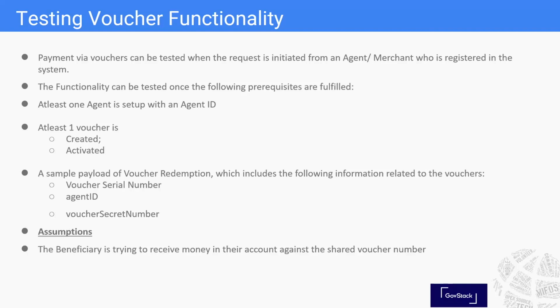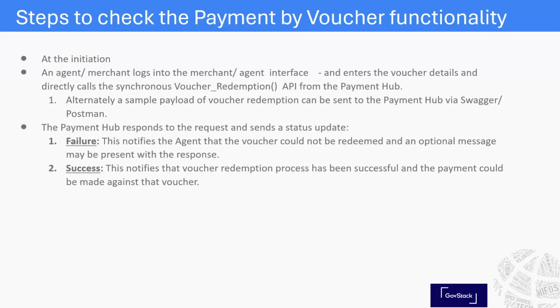If you are testing it in a demo environment, there's a sample payload which has the voucher serial number, agent ID, and voucher secret number, because these are the required inputs for voucher redemption. The agent and the beneficiary are trying to get money through the voucher, so that agent could initiate this request through this payload and send the request ahead.